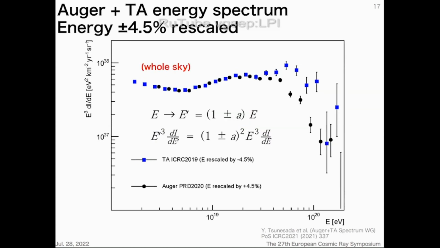In this plot, the TA energy is scaled down by 4.5%, and in the OJ case the energy is scaled by plus 4.5%. Then you can see good agreement of the energy spectrum below around here, but differences are still shown in the highest energy region.